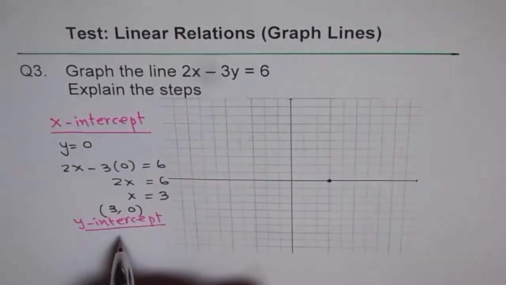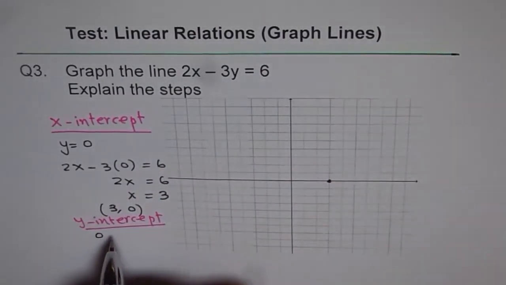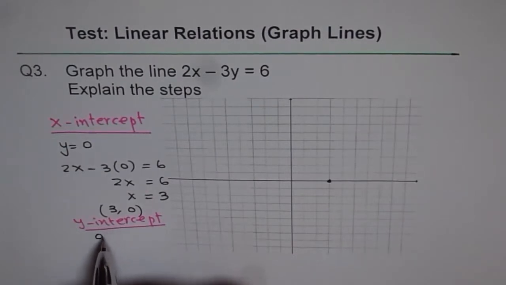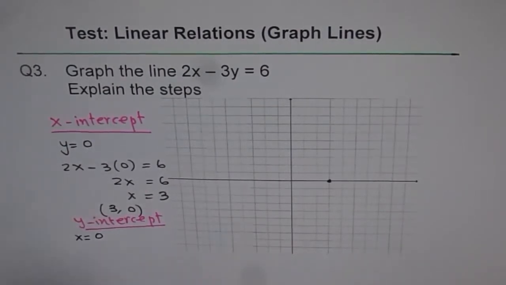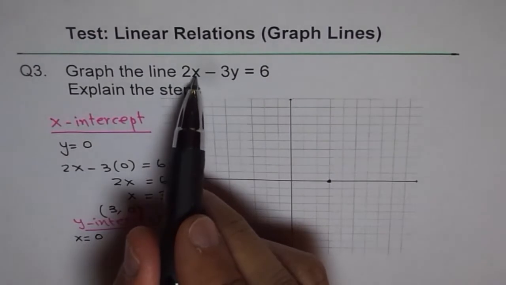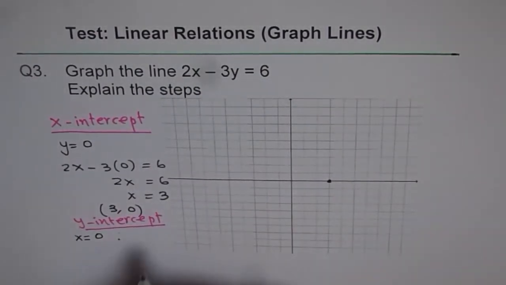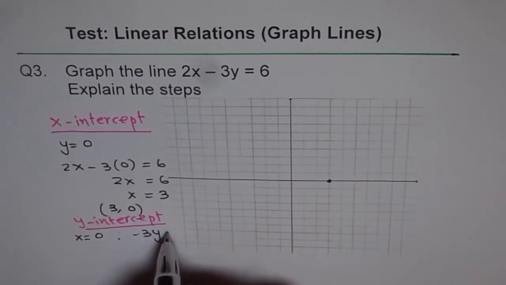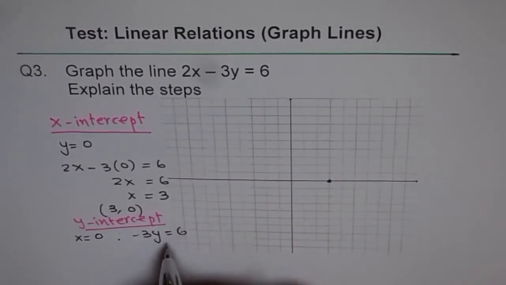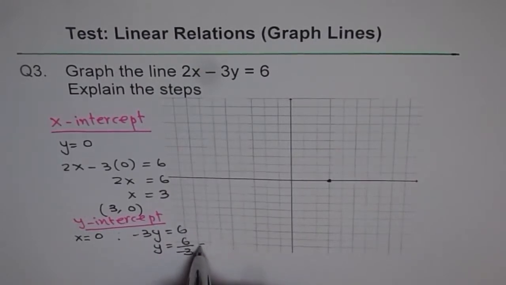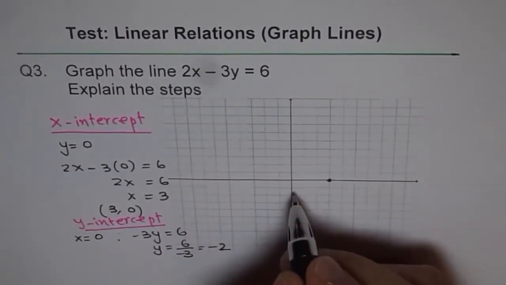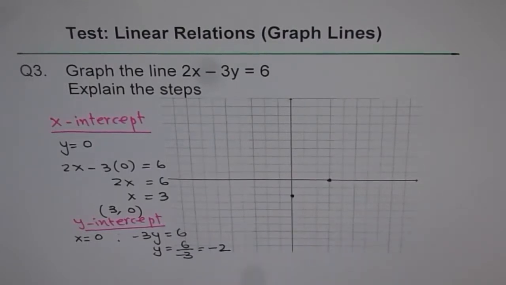So let me go by steps, x is 0. We are putting x equals 0. That means 2 times 0 will be 0, right? And therefore we get minus 3y equals 6, and from here y equals 6 divided by minus 3, which is minus 2. 1, 2. So that is my y-intercept.